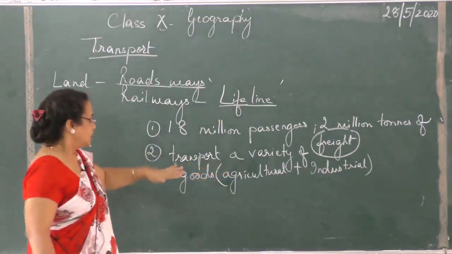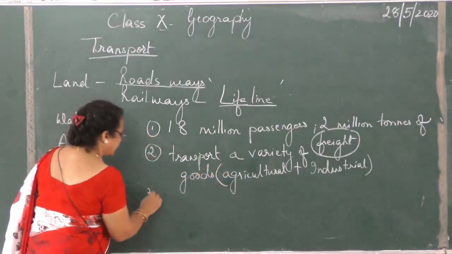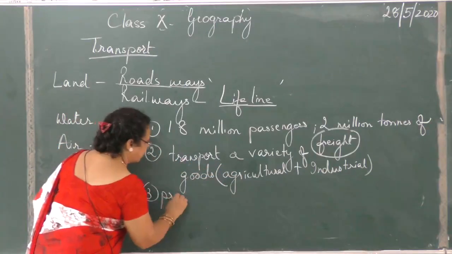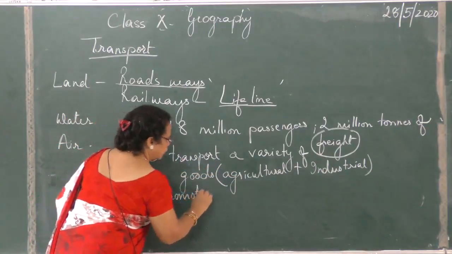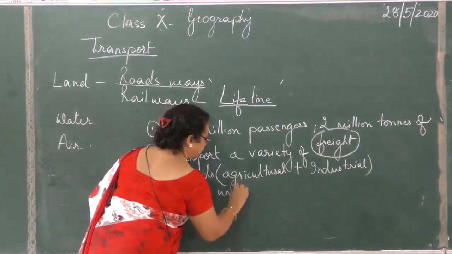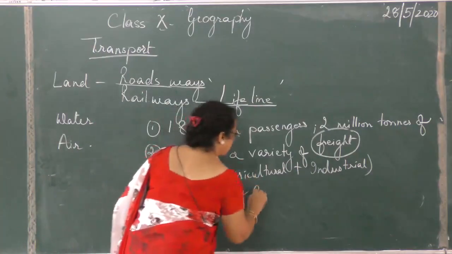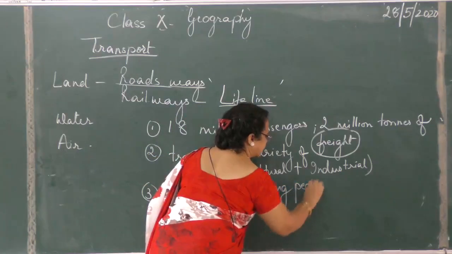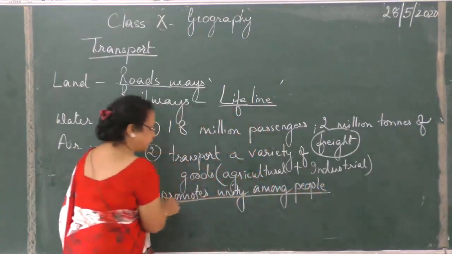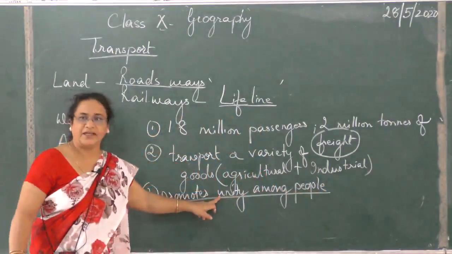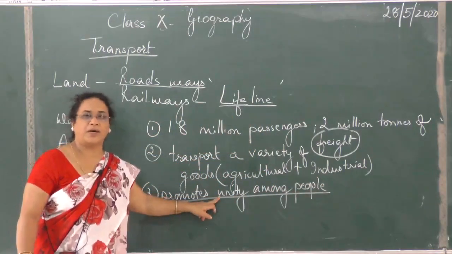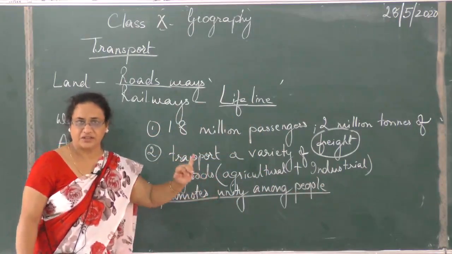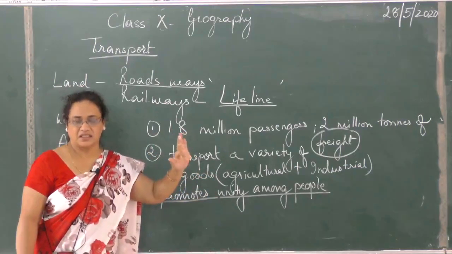Is that clear? Then the third point which you will mention, it promotes unity among people. I am writing very short points. Please remember, you must mention in this point that India is a country of a wide variety of religions, cultures, creeds.